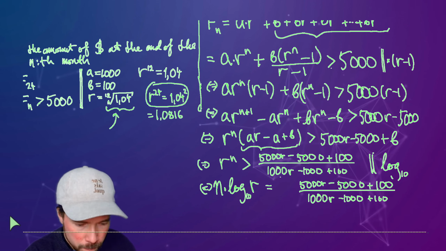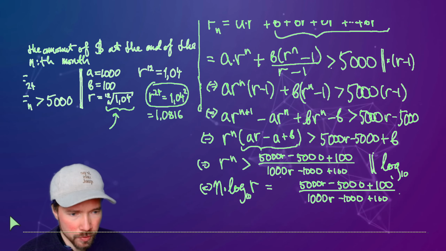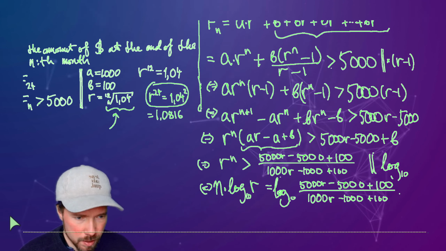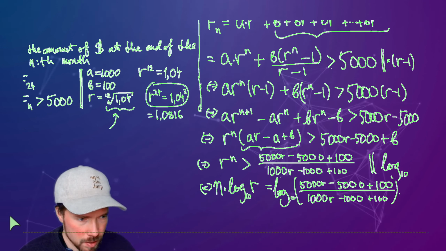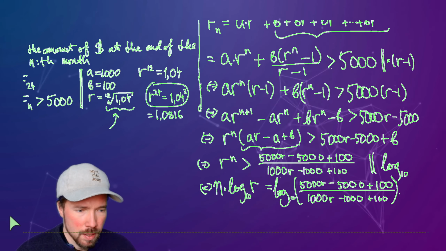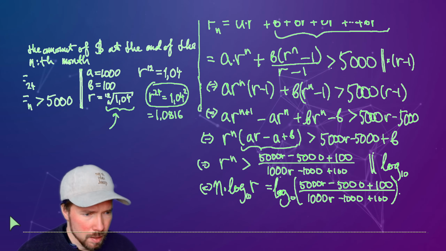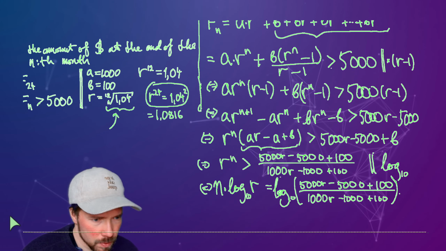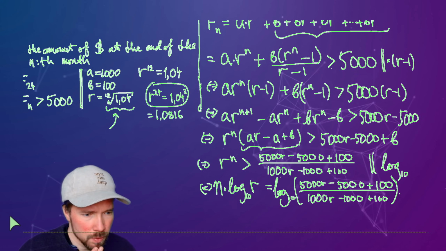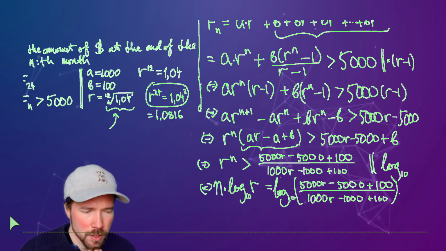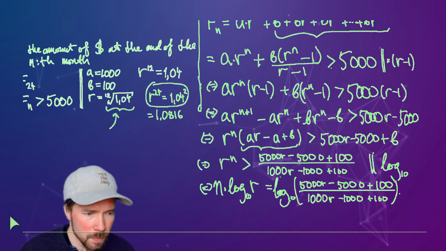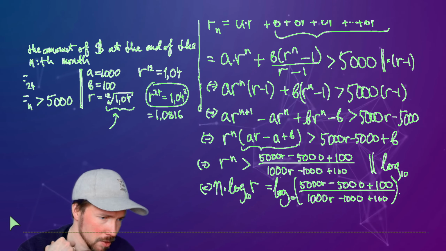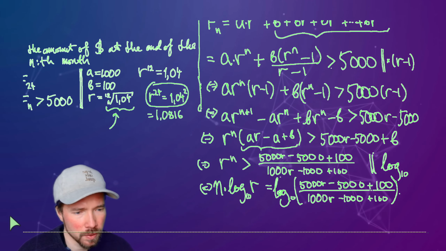We'll have something like this. Now it just looks like this numerator is 5 times bigger than the denominator, but it's not, because of this term 100.